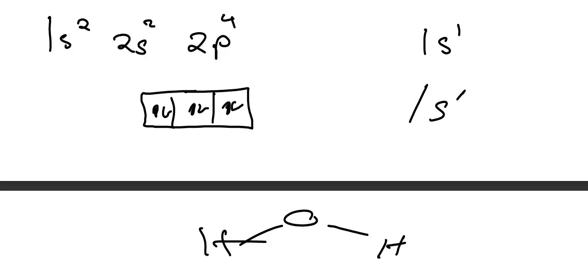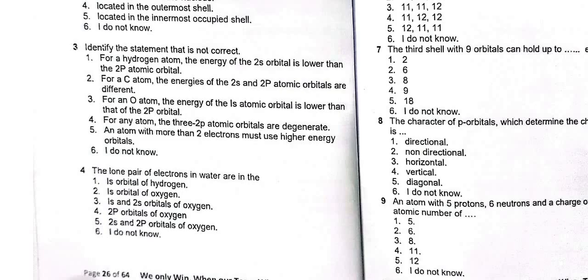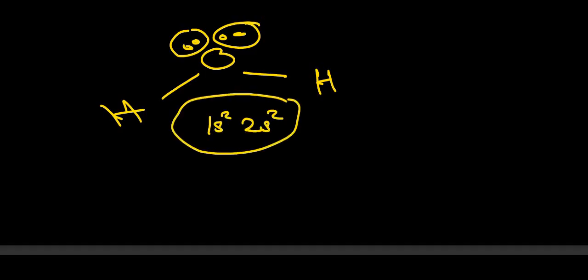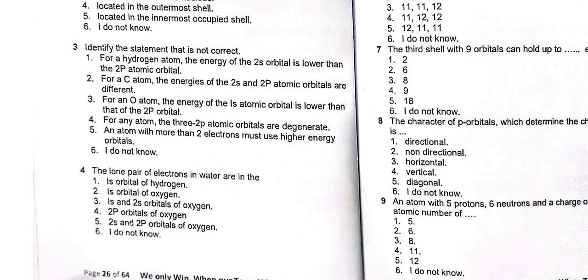So the lone electrons are both going to be found in the 2s and in the 1s. So they should be in the 1s and in the 2s, and the correct answer here is 3. Those are the electrons that are not participating in the bonding. The 2 electron pairs that you see on top here are coming from the 1s because these are the non-bonding electrons. So the answer there is 3.